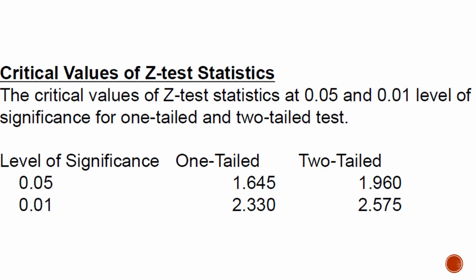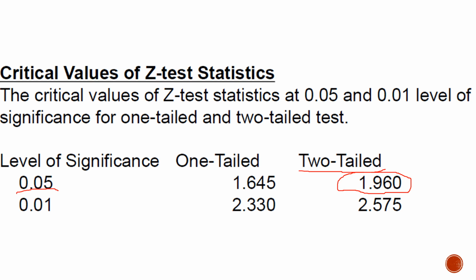Since we have a two-tailed test and our level of significance is 0.05, the critical value is 1.96.